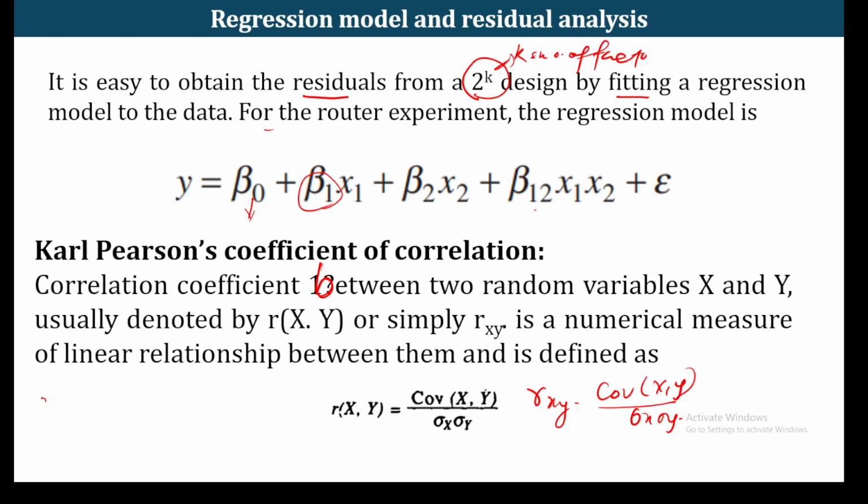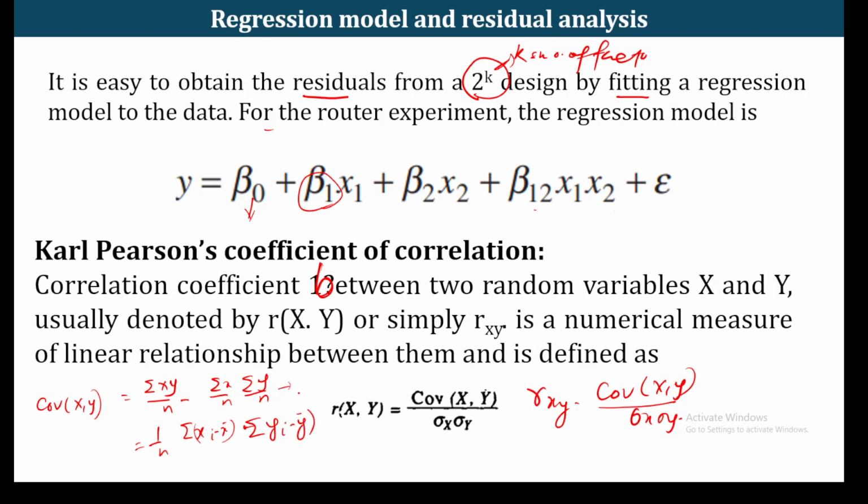Covariance of x and y formula: we have sigma of x y by n minus sigma x by n into sigma y by n, or we have some different formulas out there. 1 by n summation of x i minus x bar, into summation of y i minus y bar.